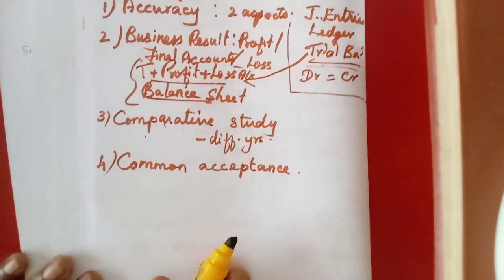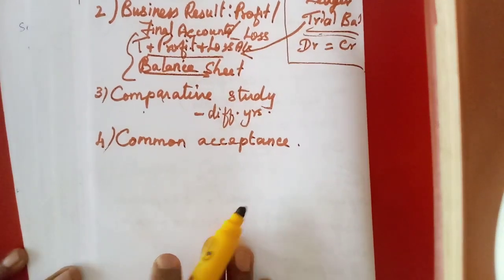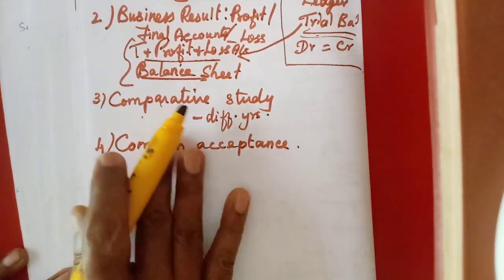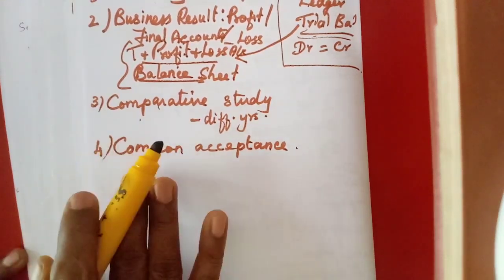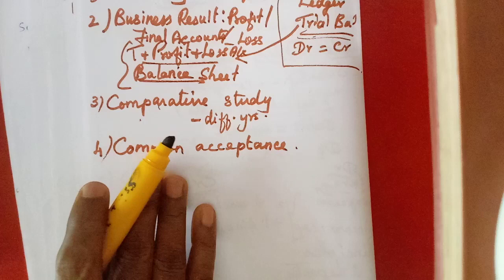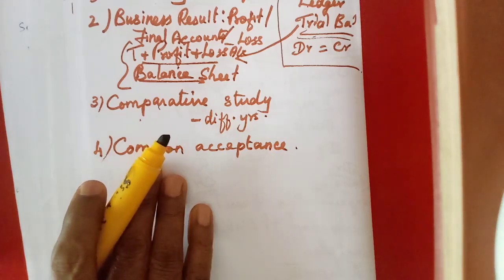Even for a dispute in the court, they will ask for these accounts. So it is accepted by everyone since we follow the double entry system.